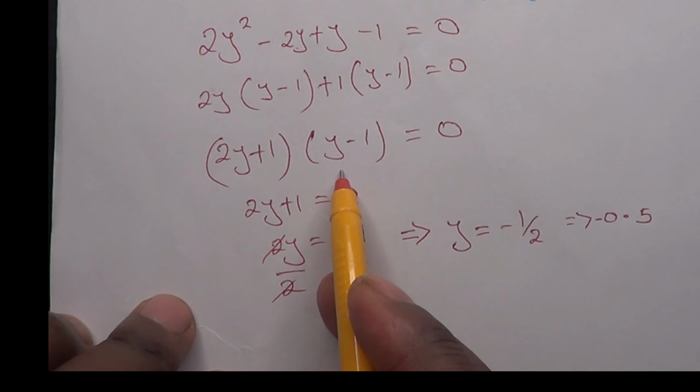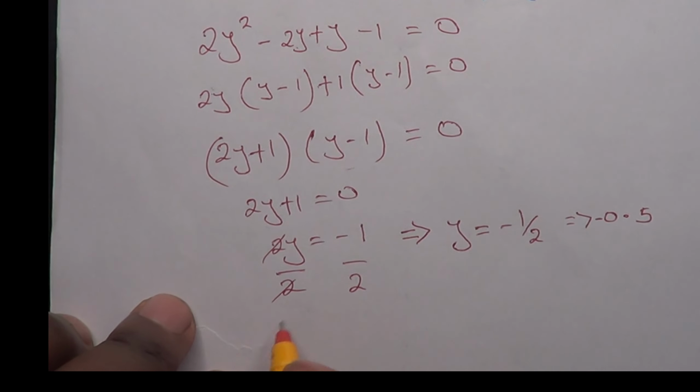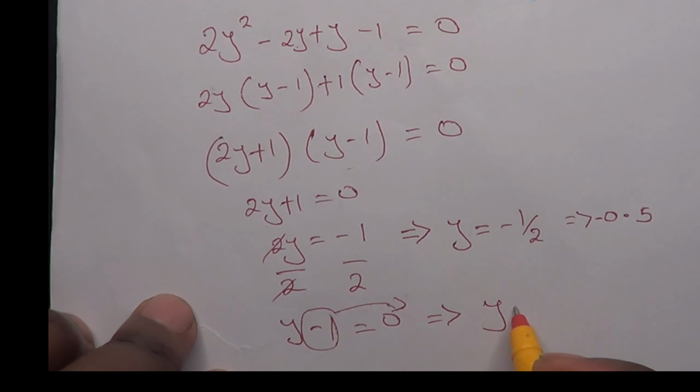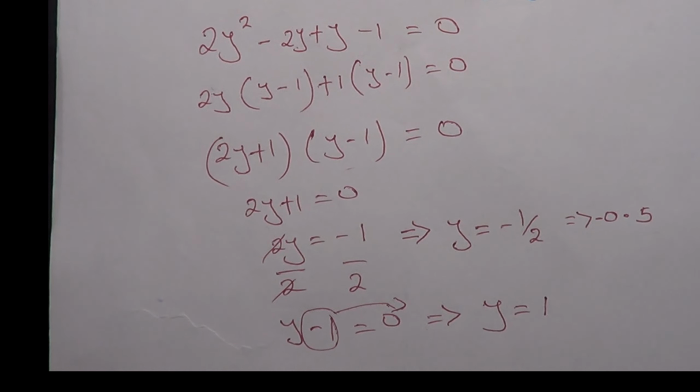Let me look at the other bracket, y minus 1 equals 0, which is the same as y. I take this one to the other side, that is now y equals 1. Now at this point we have y equals -0.5, and another one y equals 1.